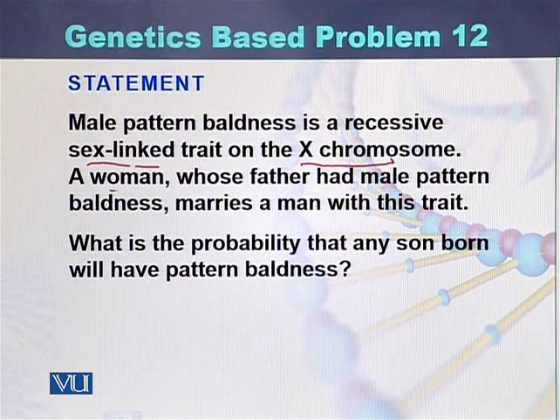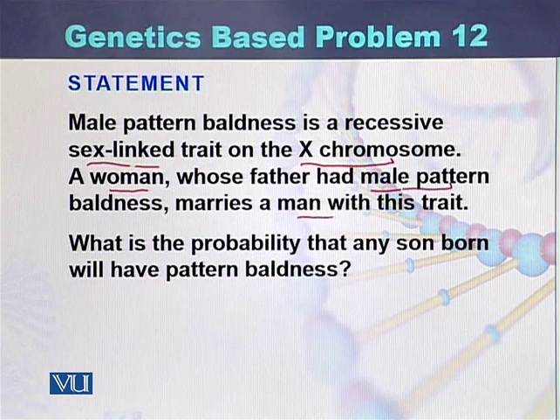A woman whose father has the same disease, male pattern baldness, marries a man who also has this disease. So the woman's father has this disease, and the man she marries has it as well.